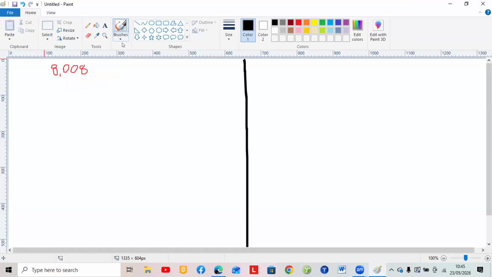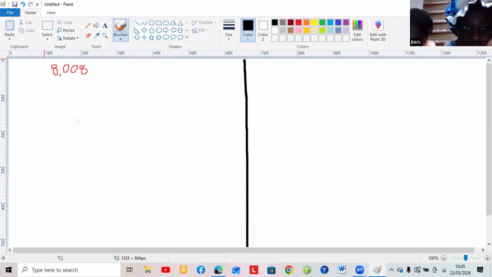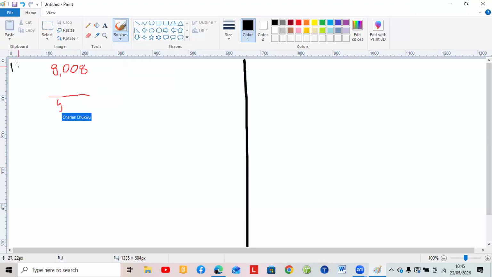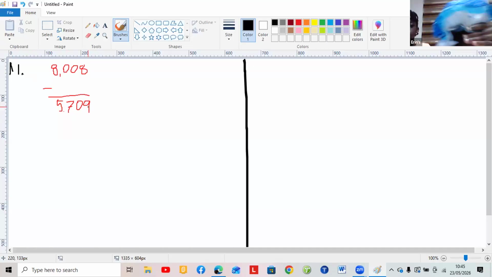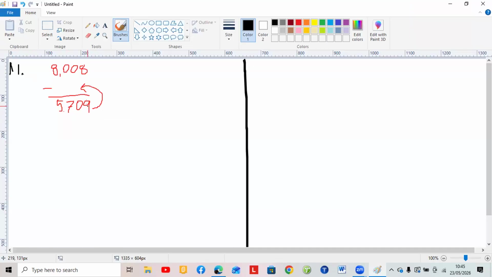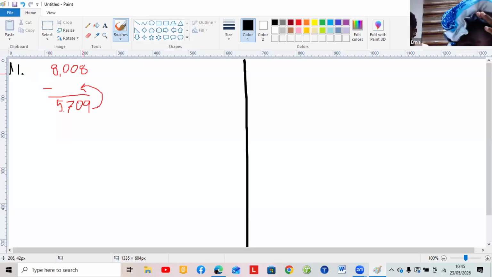The number is subtracted from 8.008 to give 5.079. So because of that, you know that the number that is on top is what? 8.008. So yes, the best thing to do is to take this one to where? Here, isn't it? Okay. So what did you get as your answer? 3.071.